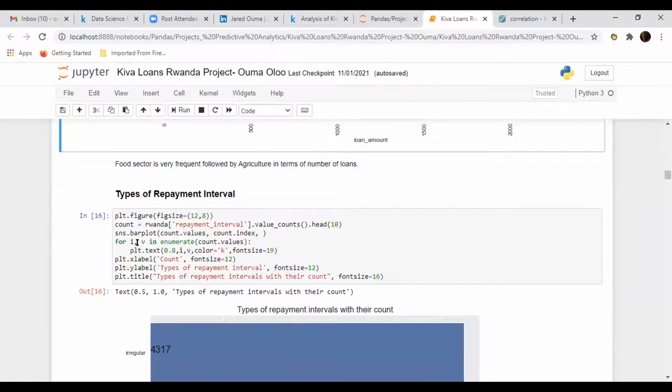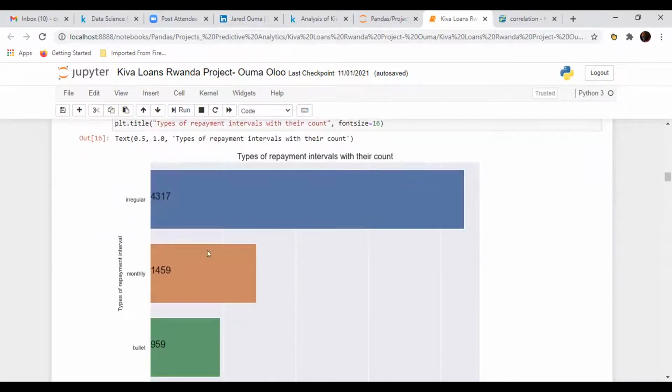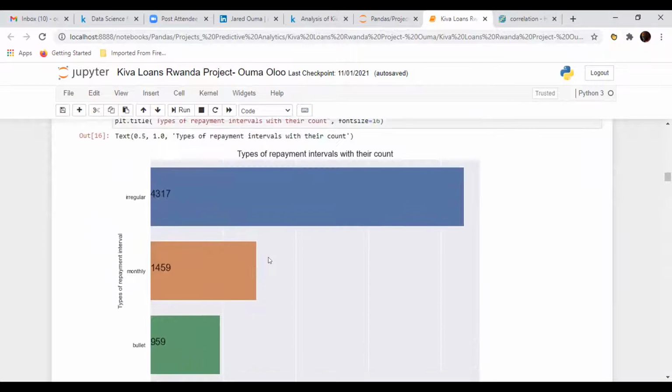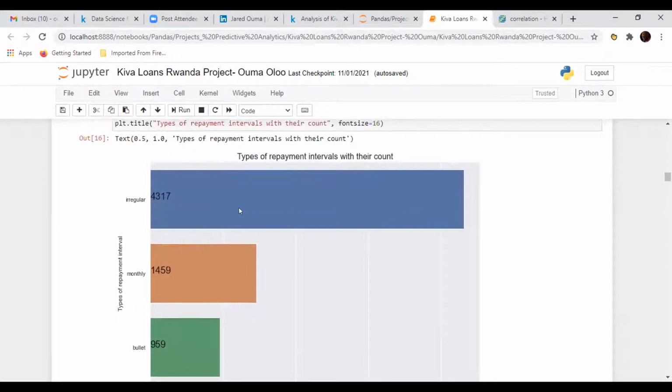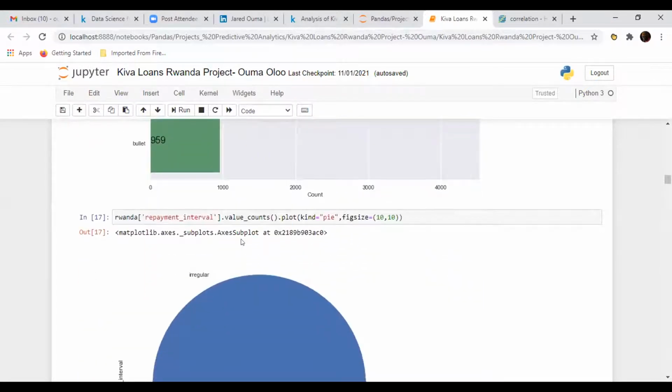Then I went ahead to look at the types of repayment intervals. Under repayment intervals, I did this with value counts. So there were the types of repayment intervals with the counts. When we plotted that, what we got was that irregular topped the list, followed by monthly repayment interval, then the bullet, which again we plotted.